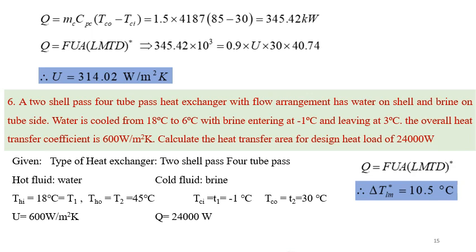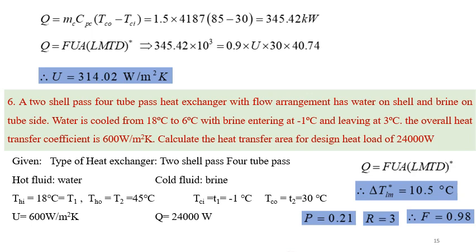It is 10.5 degrees centigrade you are going to get. And the correction factor you have to calculate for a 2 shell pass 4 tube pass heat exchanger. Go to the data handbook and refer to it and calculate what is P and what is R and the corresponding F value. Note down.